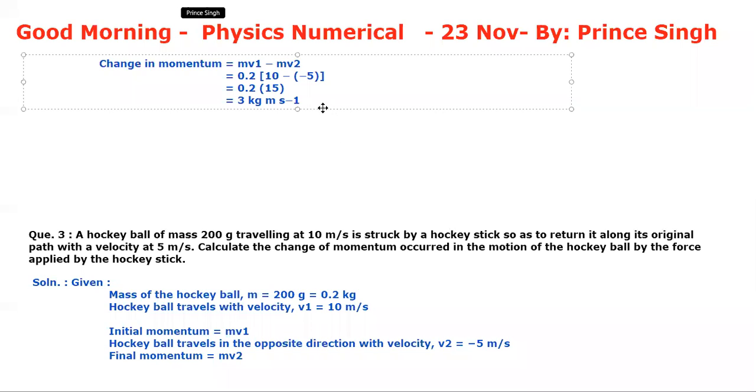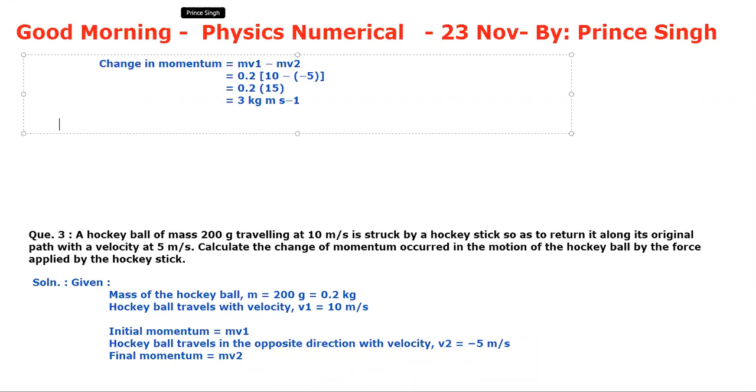Now the doubt is here: why have we not taken final momentum minus initial momentum? We have taken initial momentum minus final momentum. Because the question says a hockey ball is traveling, meaning it already has a motion.